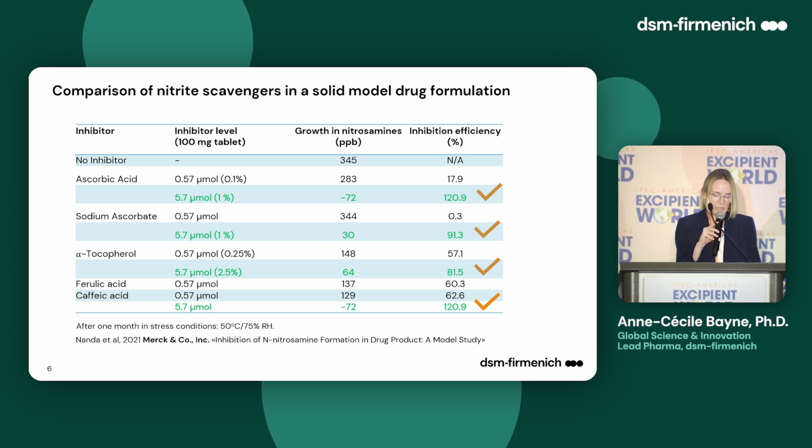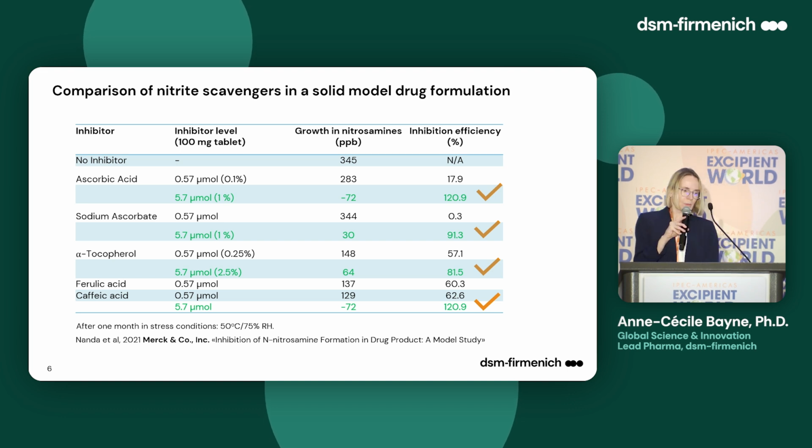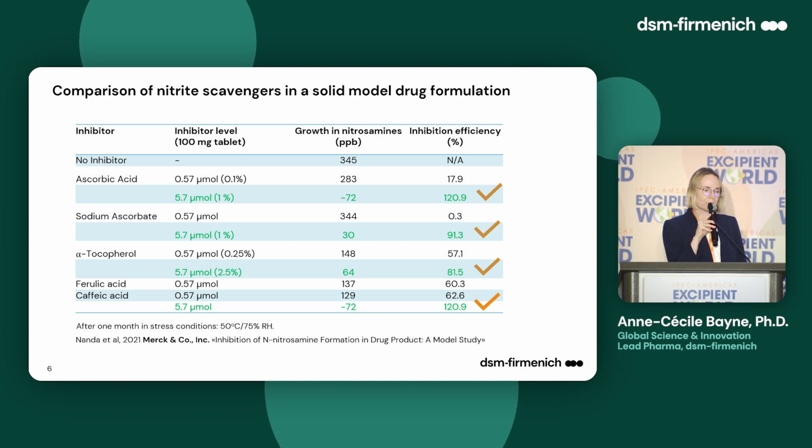What you see on this slide is a table representing results that were obtained by Dr. Nanda back in 2021. That was very significant data for us because they looked at the efficacy of ascorbic acid and sodium ascorbate, alpha-tocopherol, ferulic acid, and caffeic acid, different nitrite scavengers, on the inhibition of nitrosamine formation in a solid drug product.